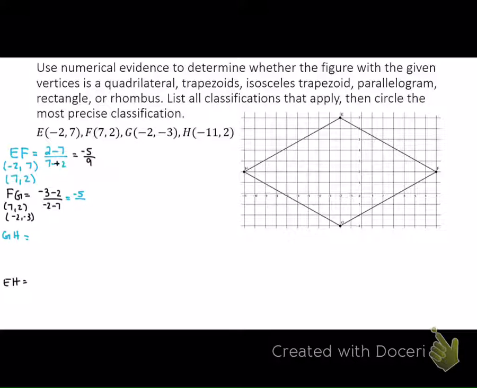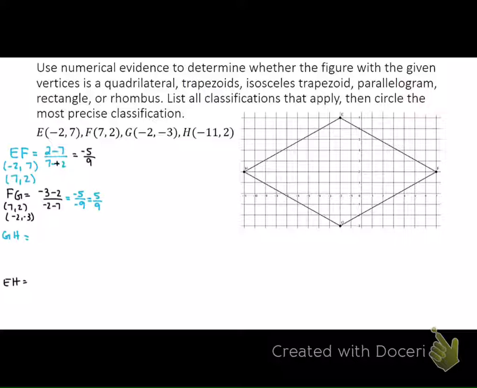So I get -5 over -9, which is positive 5/9.